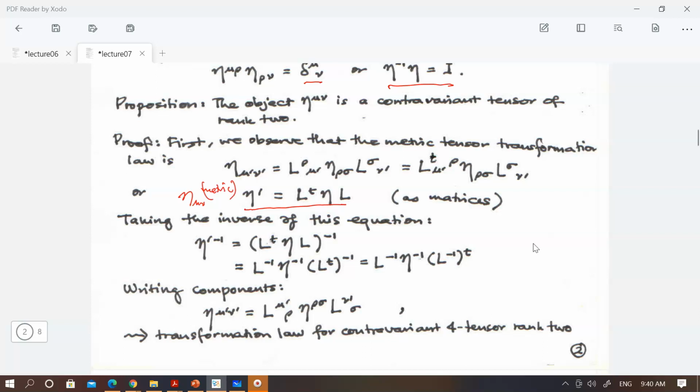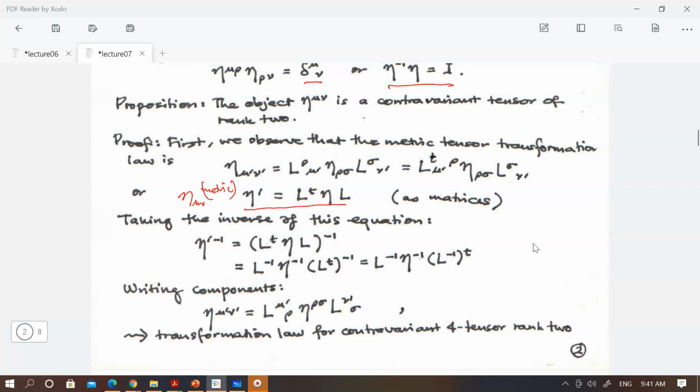In terms of matrices, your metric is given by that. This dash is just saying that we are considering the metric with respect to the dash coordinates, and that equals the Lorentz matrix transpose times eta times the Lorentz matrix. That's the matrix equation of your Lorentz identity.